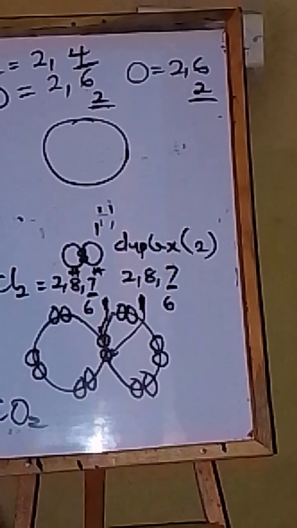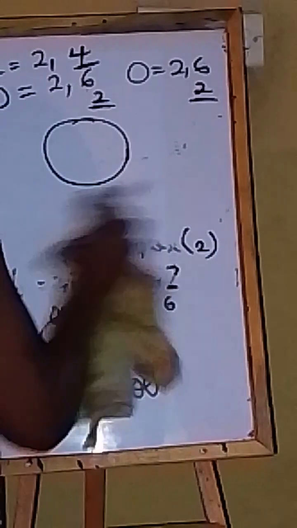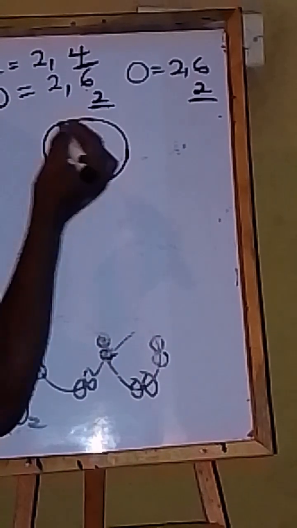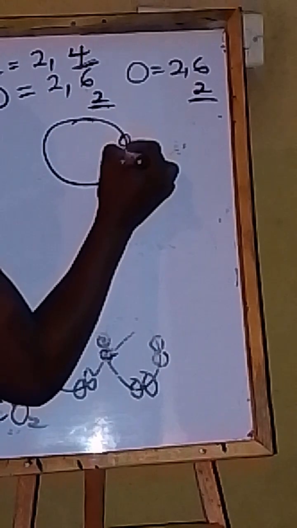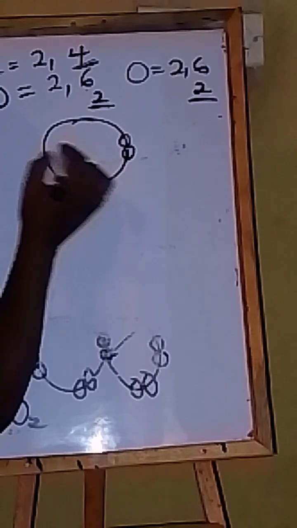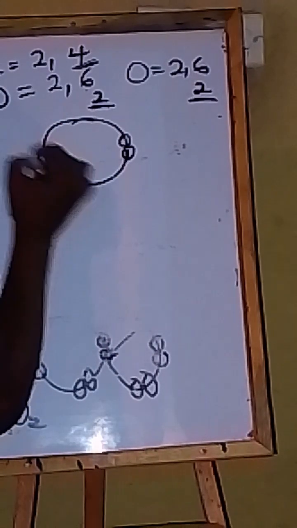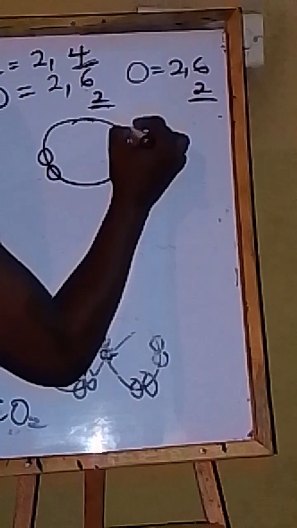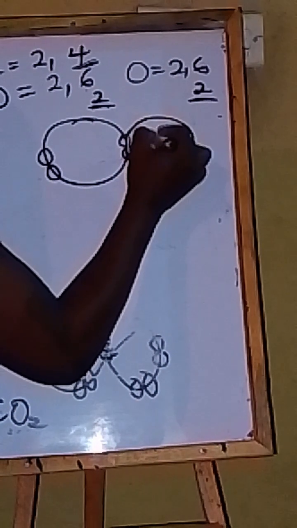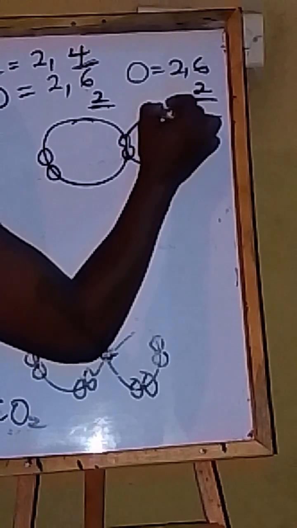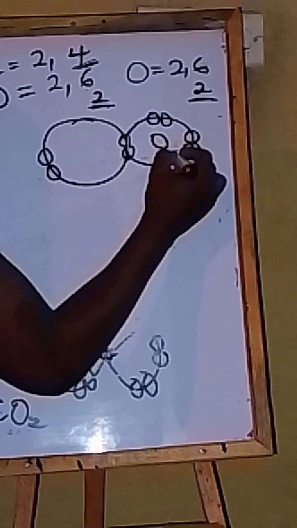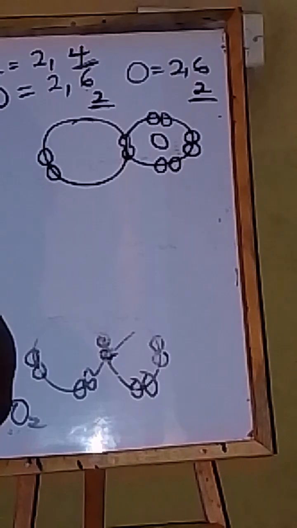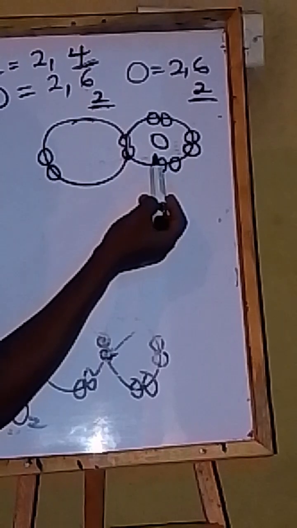You will see how it's going to work now. This is carbon. We have 4. So you will put the 2 here. You will also put the 2 here. So here is O, oxygen. It is balanced for this.